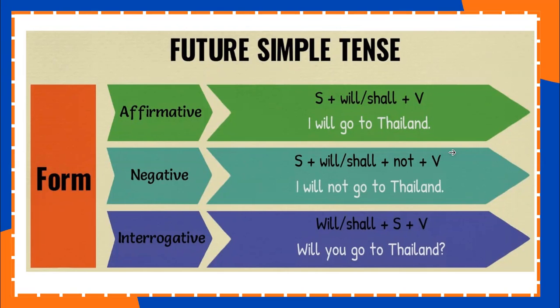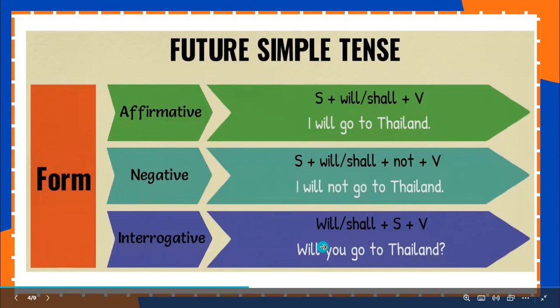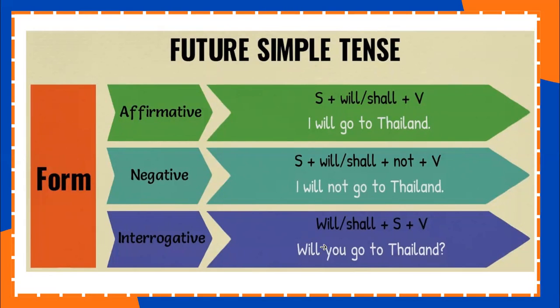And now, pay attention to the interrogative form. In the interrogative form, we switch the position. We make a switch. Hacemos un intercambio. So, instead of using the subject first, I will use the auxiliary. En lugar de usar el sujeto, I will use will first, and then the subject, then the verb, and the question mark.